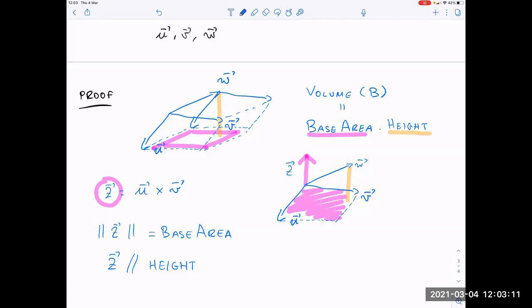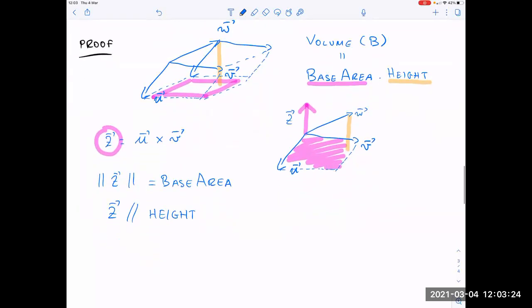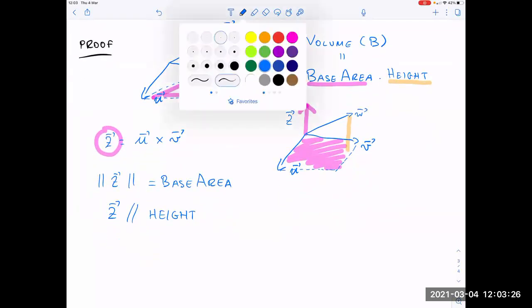Orthogonal projection. W usually is not in the same plane as U and V. It is in my picture because I'm making a two-dimensional picture, right? But it is not. So to produce the height, what I do is the following thing.